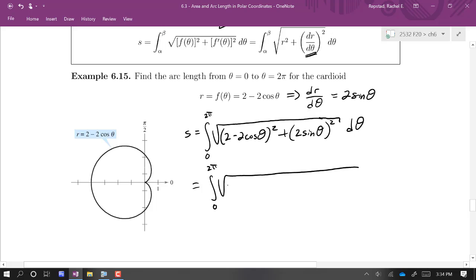So that'll be 4 minus 8 cosine theta plus 4 cosine squared theta, plus, and then if I square that out, I get 4 sine squared theta.